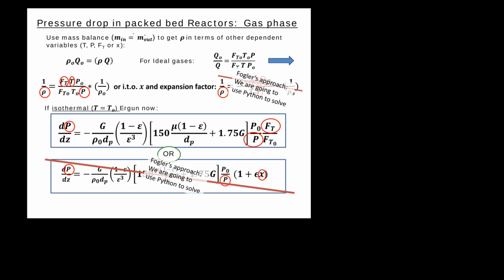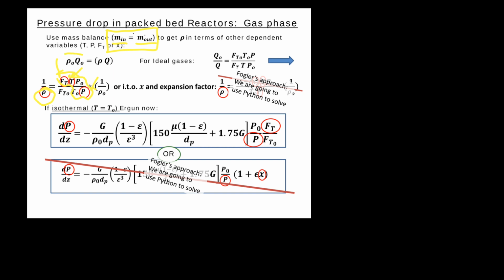So in order to write that 1 over density term in the Ergun equation as a function of the variables that change along the length or the mass or the volume of my reactor, which may be the total molar flow rate, the temperature, and the pressure, we are going to use our friend, the ideal gas law, together with our steady state realization that mass flow in must still be equal to mass flow out.